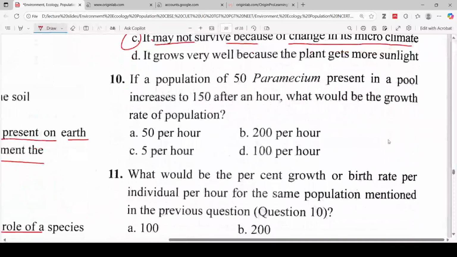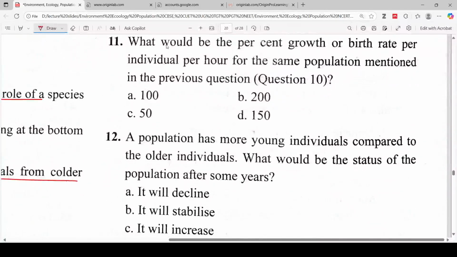Next question, a population of 50 paramecium present in a pool increased to 150 after an hour. What would be the growth rate of the population? So the correct answer will be option D. Next question, what would be the percent growth or birth rate per individual per hour for the same population mentioned in the previous question?